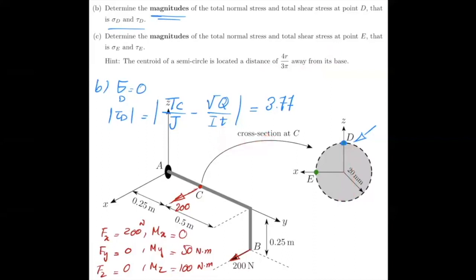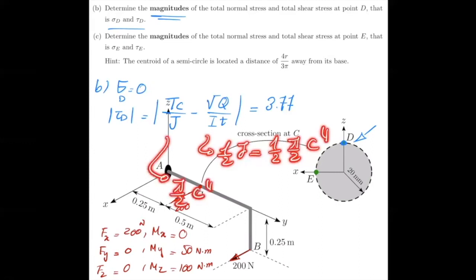And moment of inertia, I, well, you need to calculate I with respect to the neutral axis. It's 1/2 of J, right? So I, for a circular cross-section, is 1/2 of J. And J itself is pi over 2 c to the power 4, right? So that's J here.